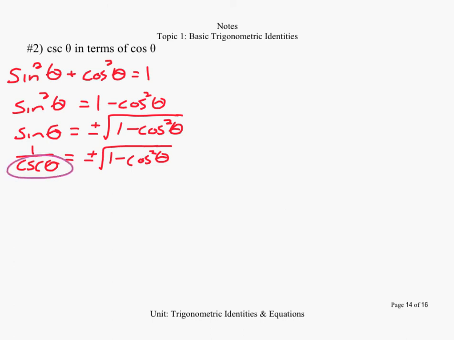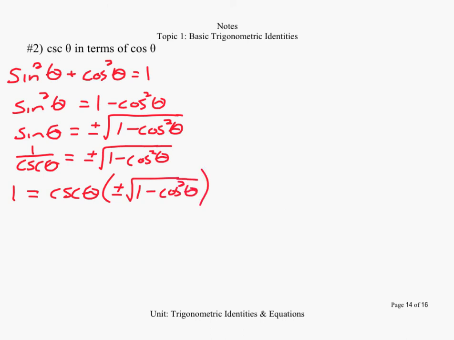That would get it off the bottom of the fraction. So we got 1 equals cosecant of theta times plus or minus the square root of 1 minus cosine squared of theta. Then to get cosecant of theta by itself, divide both sides by that square root.